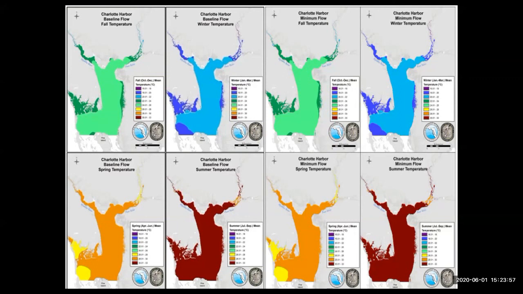The modeling that we did was predicated on the idea that we're holding the other environmental variables for depth and bottom type and dissolved oxygen constant. So the difference that we're looking at here, and it was part of the analysis that we were planning to do, is comparing the differences between baseline and minimum flows for temperature and salinity. Next slide.